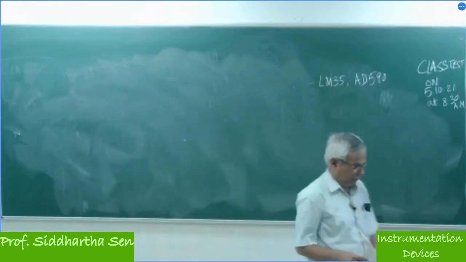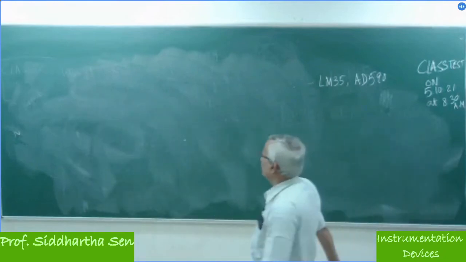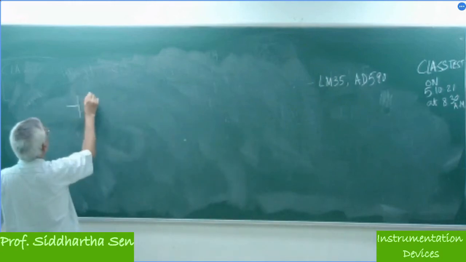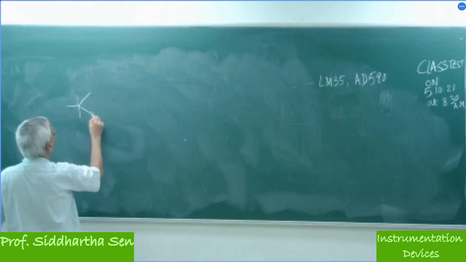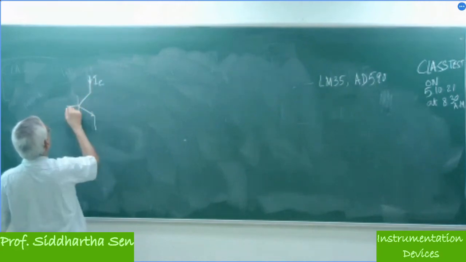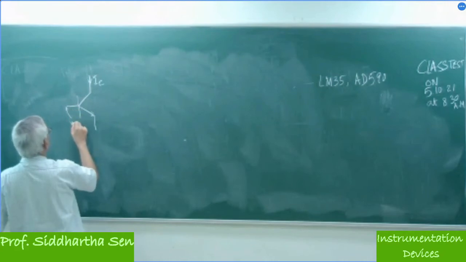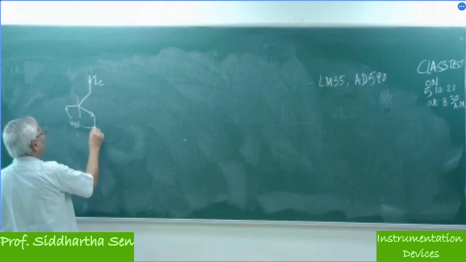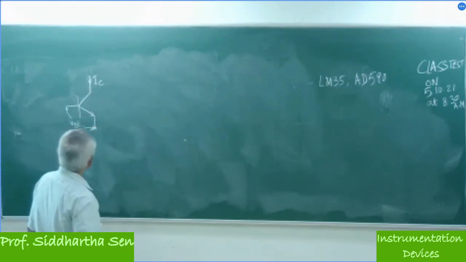You know that any junction, any transistor, if I draw it, this is the current IC. I am just showing a BJT transistor there.